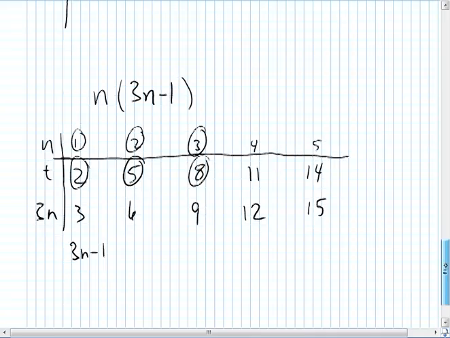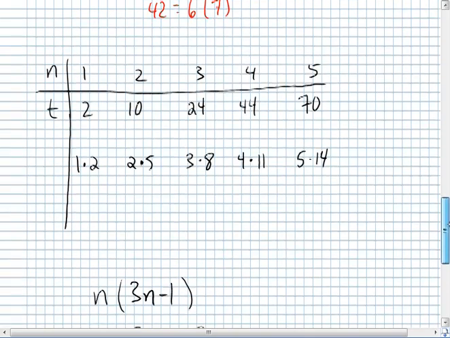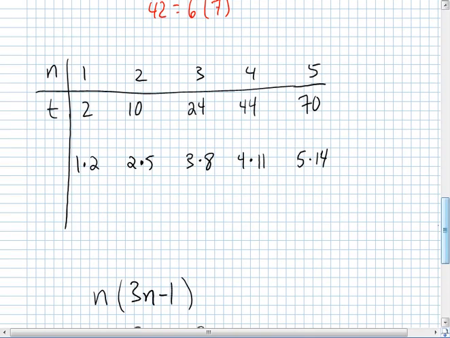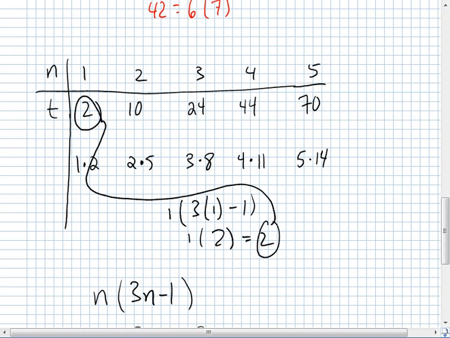Okay, let's go back up here to this equation here. So there's my series of numbers at work. N times 3n minus 1. Well, if n is 1, it's going to be 1 times 3 times 1 minus 1. Well, this is 3 minus 1 is 2. 1 times 2 is 2. And that's the number we get right there. Okay?